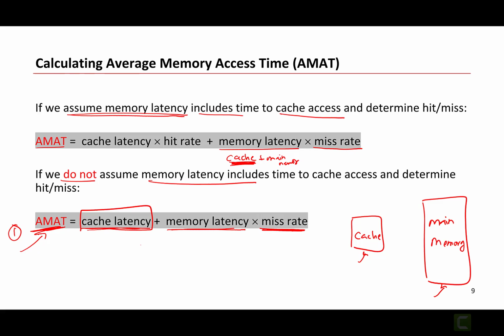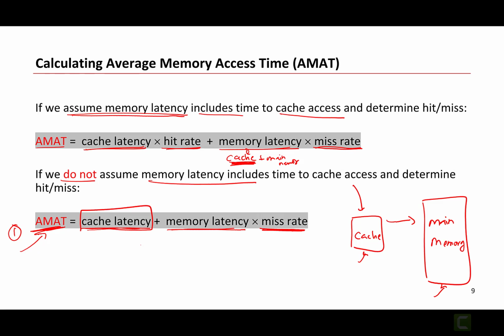And that's why it's important to attribute the cache only latency to the fraction of accesses that are cache hits. So the fraction of accesses that are cache hits would incur cache latency. The fraction of accesses that are misses would incur the memory latency, which includes the cache latency, and that is consistent with our view that every memory access first checks the cache and then goes to the main memory.